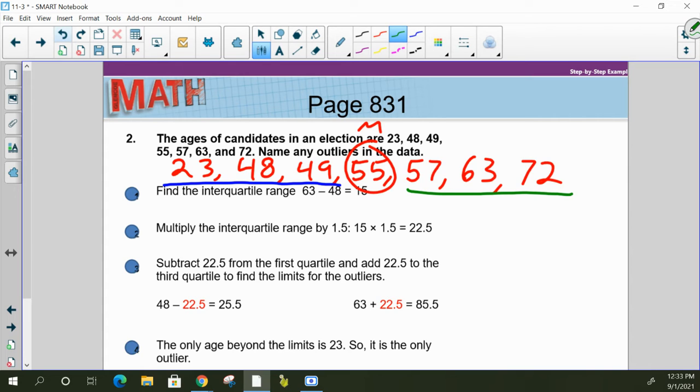We need to find the middle number out of 23, 48, and 49. This is super easy, there's only 3 numbers. So yeah, good. The middle one would be our quartile because we can cross off these guys. And I want you to write a little Q1, above it or below it, I don't care. That's quartile 1, right? Quartile 2 is the median. We just leave it the median.